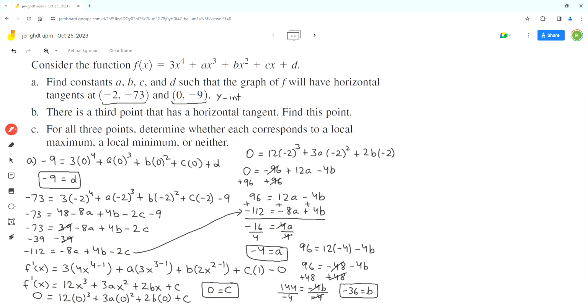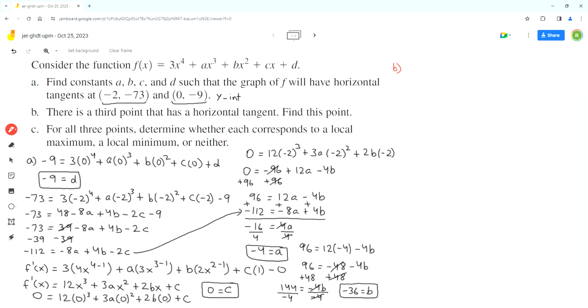Now as per part B, there is a third point that has a horizontal tangent. Find this point. So that means at this third point the tangent is horizontal and we have to find this third point, and a horizontal tangent has a slope equal to 0.